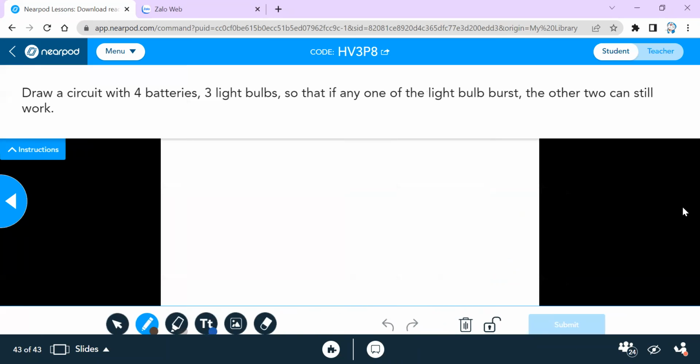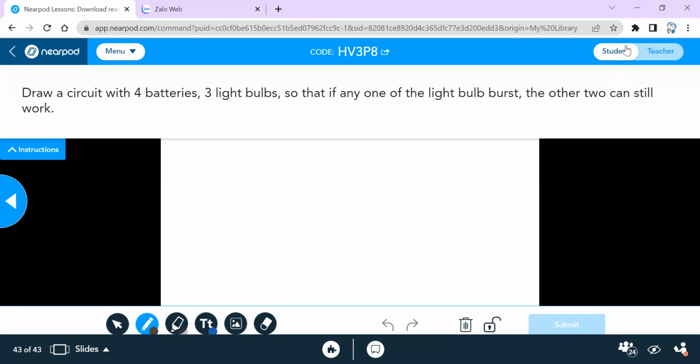All right. Now, let's draw. For this finale, I want you guys to draw a circuit with 4 batteries and 3 light bulbs, and think of a circuit such that when one of the light bulbs bursts, the other 2 can still work.